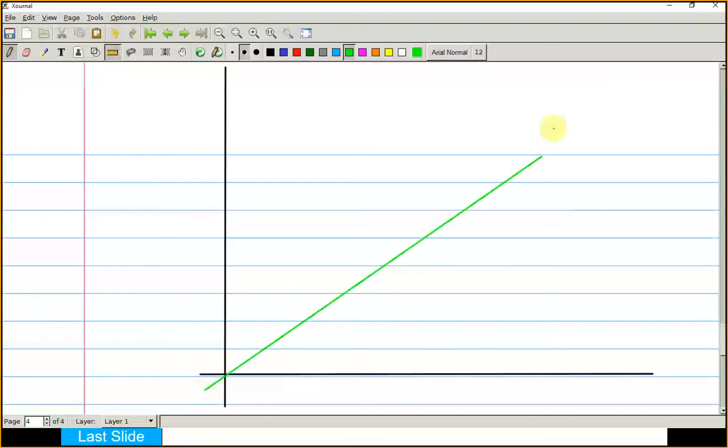This is the y equal x line. What's the slope of this line, by the way? Can everybody tell me what's the slope of that line? The derivative of that line. That is, what is dy dx? 1. Good.